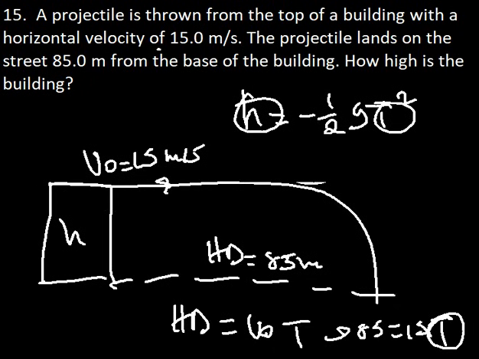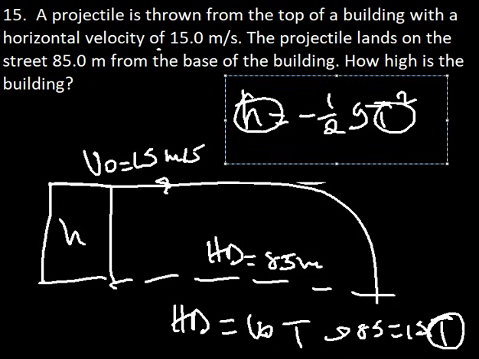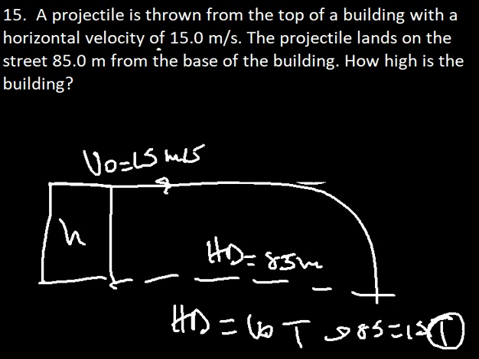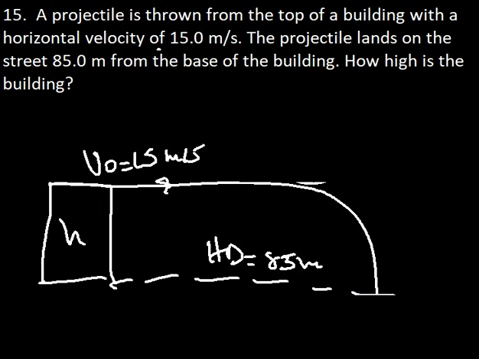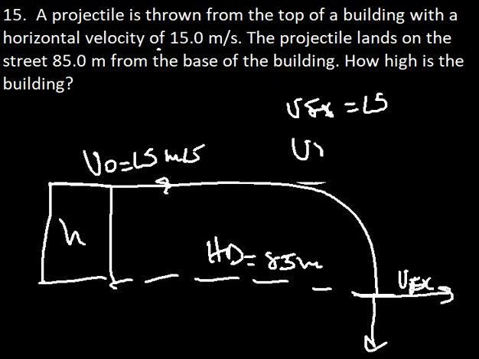And in the same case, we can also have the velocity as the object strikes the ground. As the object strikes the ground, it will have two components of velocity. We will have vfx, which is equal to the launch velocity, 15. And how about vfy?